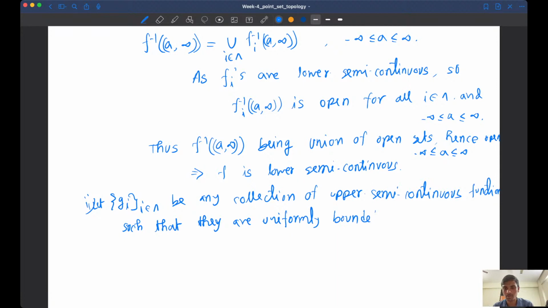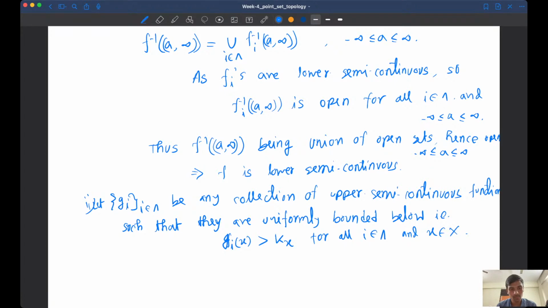Uniformly bounded below, that is, g_i(x) is greater than some k(x) for all i belonging to lambda and x belonging to X, the common domain of each g_i.